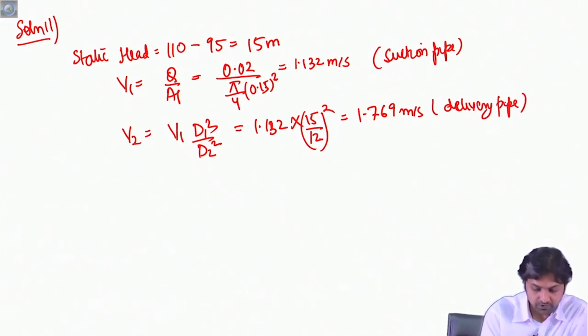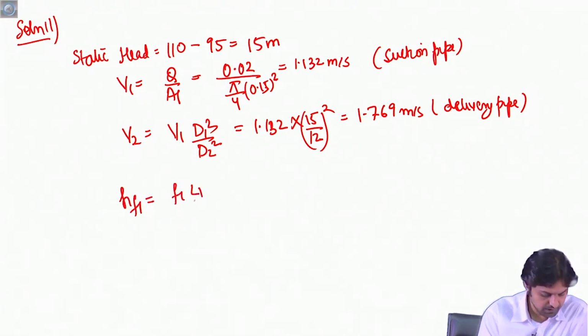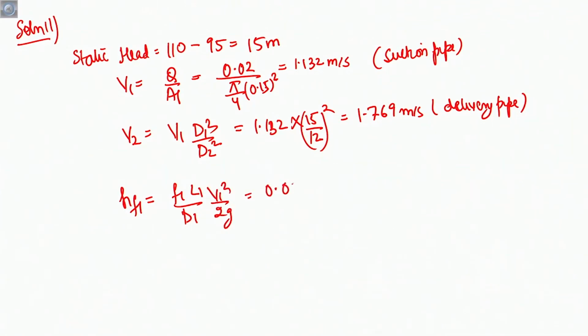Okay. So, the major loss in pipe 1 will be F1 L1 by D1 into V1 squared by 2g. F1 is given for pipe 1, length is 20 meters, diameter we already know 0.15 meter, into V1, which we found to be 1.132, squared, divided by 2 into 9.81, and this comes to be 0.174 meter.